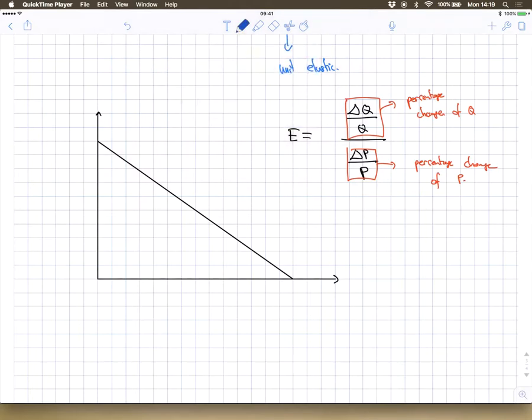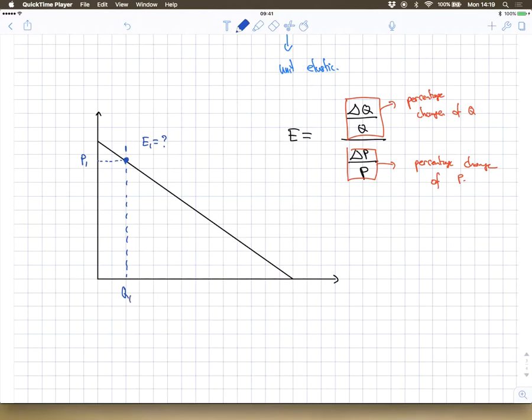So if I want the elasticity at this particular point here, let's call this point 1, and let's ask ourselves, what is the elasticity at point 1? Well, it is very simple. I'm going to need a few ingredients. I'm going to need P1 and I'm going to need Q1.